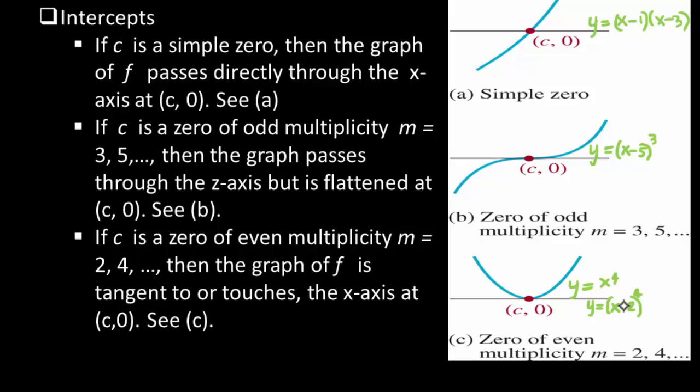Okay, now one other thing that we can look at are intercepts. If c is a simple 0, which means that if you have a function where x minus c is a factor, like x minus 1, x minus 3, so you have a polynomial function. This is actually a quadratic function, right? Because when you FOIL that, you have y is equal to x squared minus 4x plus 3.